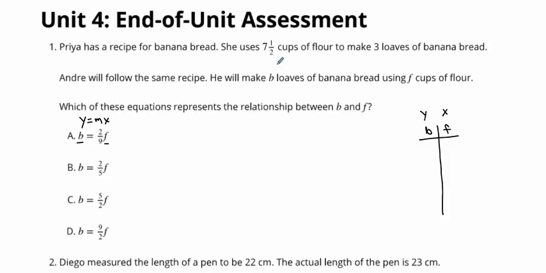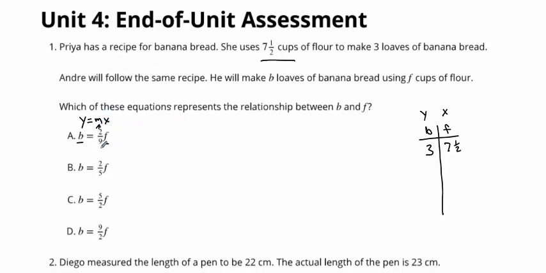And it gives us one relationship here between flour and bread. It says 7.5 cups of flour to 3 loaves of bread. So going back to our equation, we know that m is the rate.